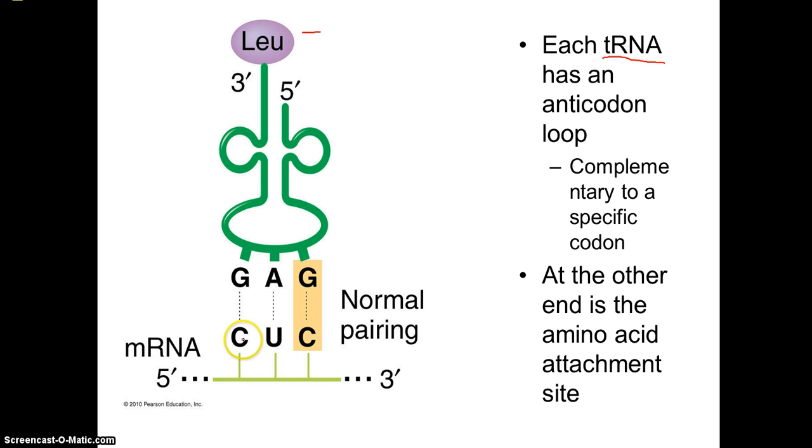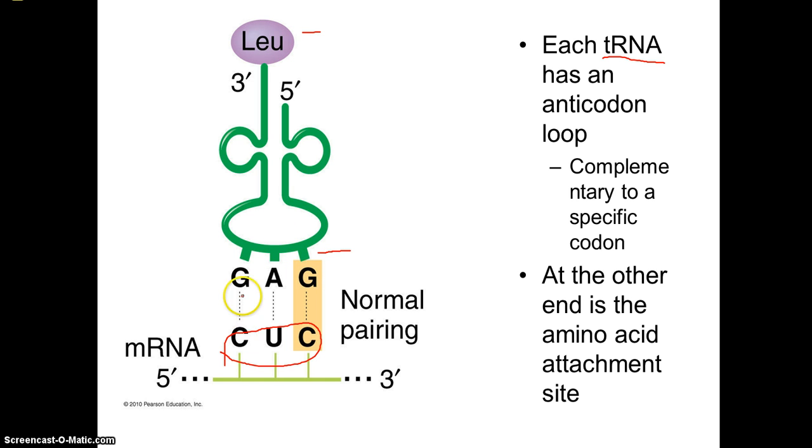Well, when the ribosome reads CUC, it calls for a tRNA that has this portion here. This right here is called the anticodon loop. So remember, this down here is called the codon on the mRNA. It matches up to a very specific anticodon on the tRNA.